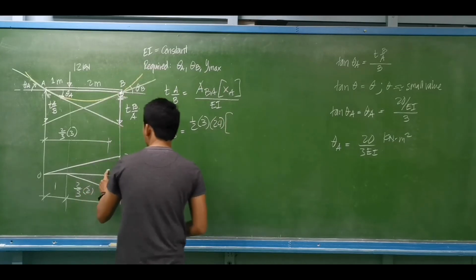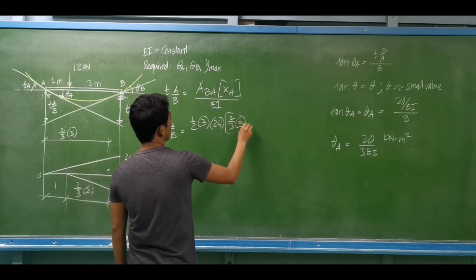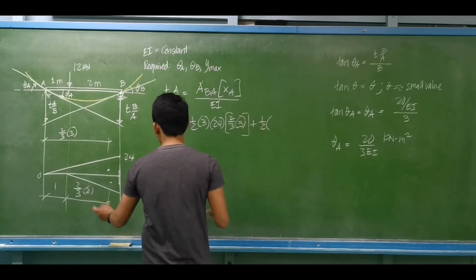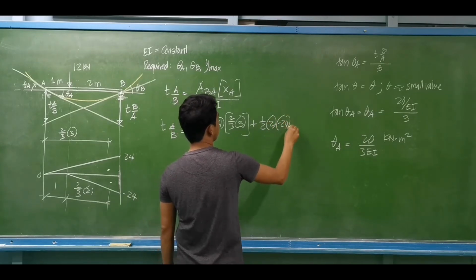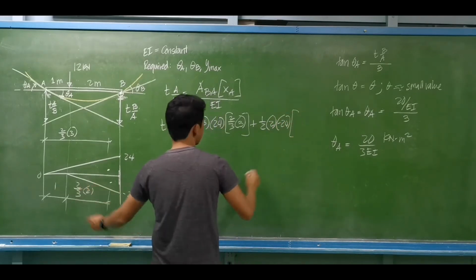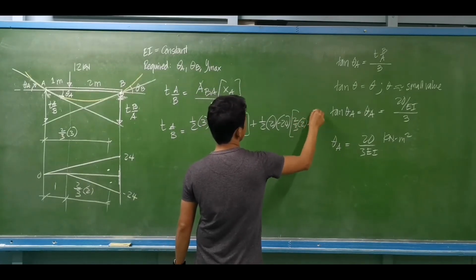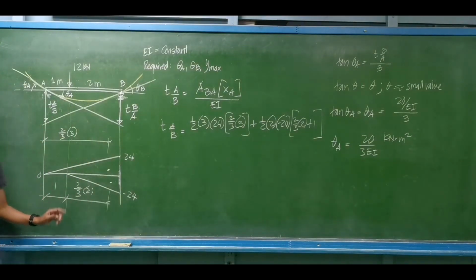The distance of its centroid towards point A is 2 over 3 of 3. Then plus, we have 1/2, the base is 2 meters, the height is negative 24, multiplied by the distance, 2 over 3 of 2 meters plus 1 meter.